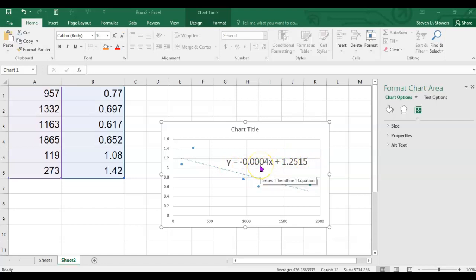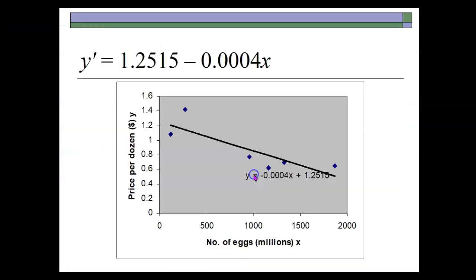You can put the x term first or second, but when I've been working the examples out, I've been putting the x term second just because that's the way our book does it. So that is the equation for the straight line that, out of all the straight lines that you could draw, is the one that comes closest to fitting all 6 of these data points.